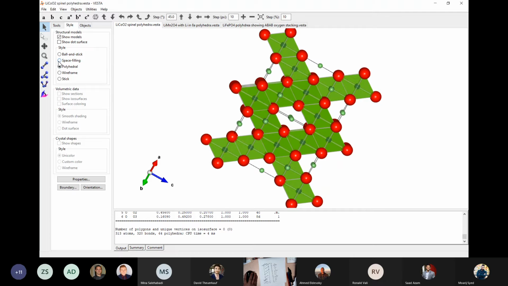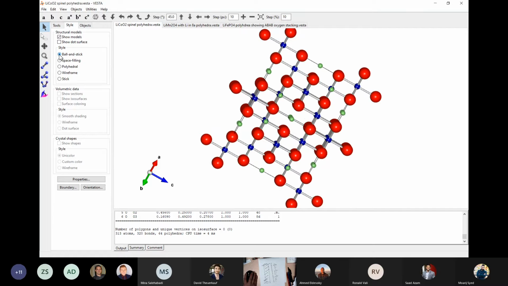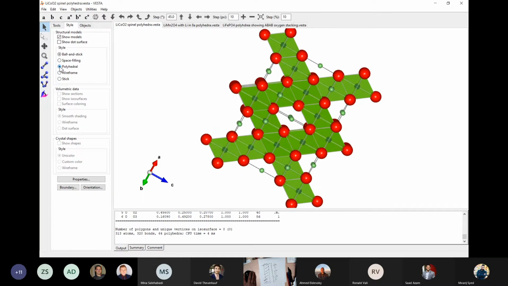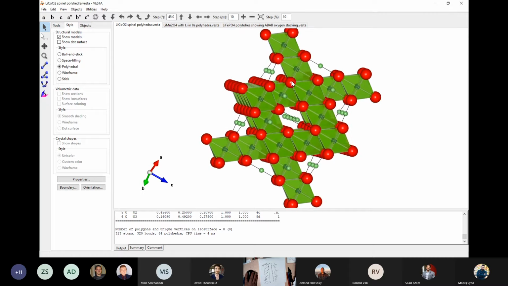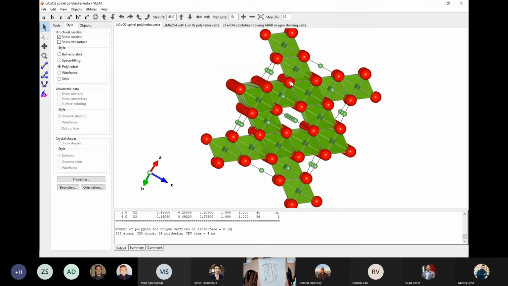Okay, so let's take a look at this spinel. So here's the spinel structure, and if we put appropriate polyhedra around the transition metal oxygen octahedra, this is what we see. And if you rotate this thing a bit, you can notice that there are tunnels for the lithium atoms shown here. It's an empty tunnel that they can move through.